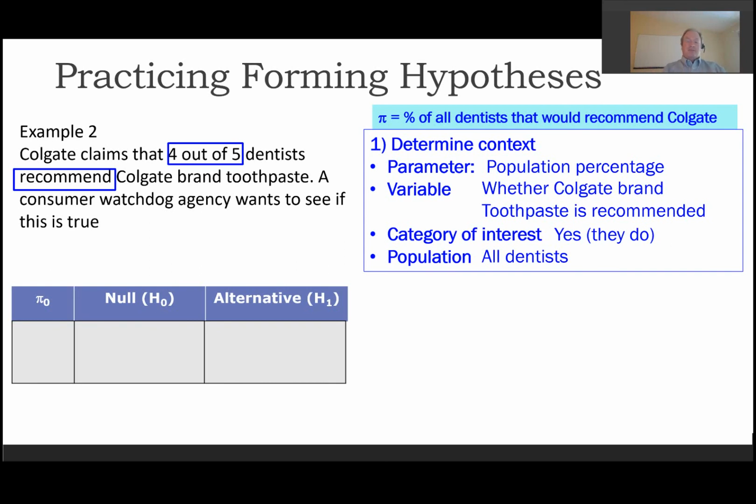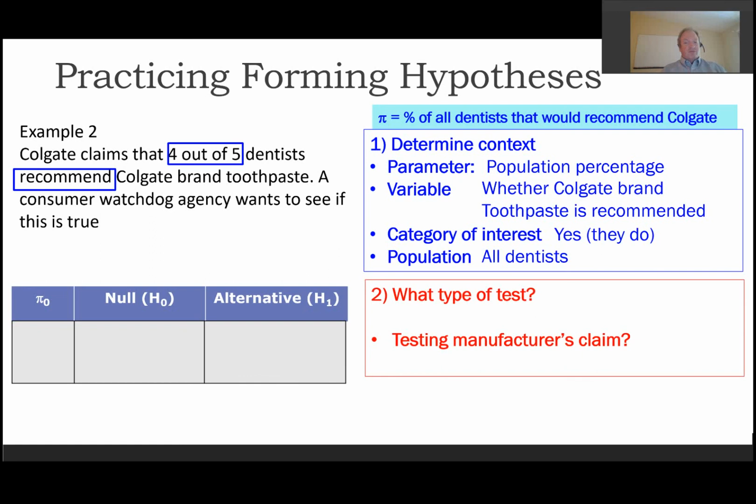There were some brands of toothpaste, and I don't remember the study because it's been a while, that were actually recommended more than 80%. And so the FDA said, you're wording this in such a way that people think Colgate's recommended as being the best, the most recommended, whereas in reality, it's just one of several brands that most dentists would recommend. And they had to pull that ad.